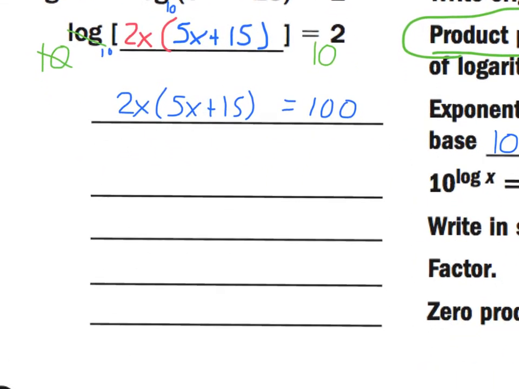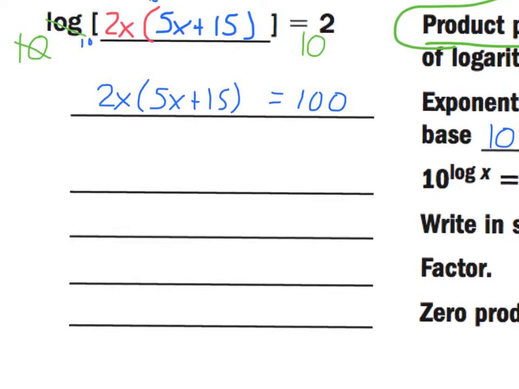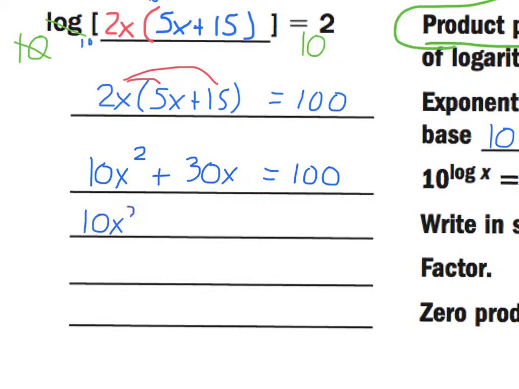Now we have a quadratic equation. So if we can go back to our quadratic equation days, I'm going to distribute here and then put it in standard form. So this becomes 10x squared plus 30x all equals 100. And standard form says I'm going to bring everything over to one side and make it equal to 0.